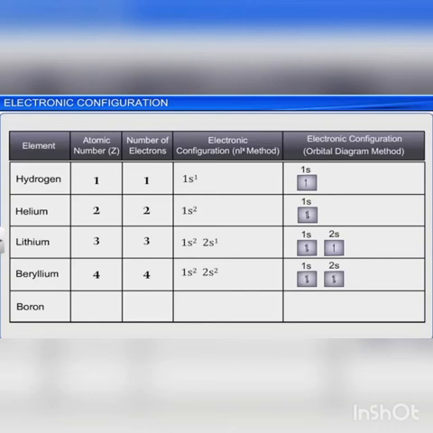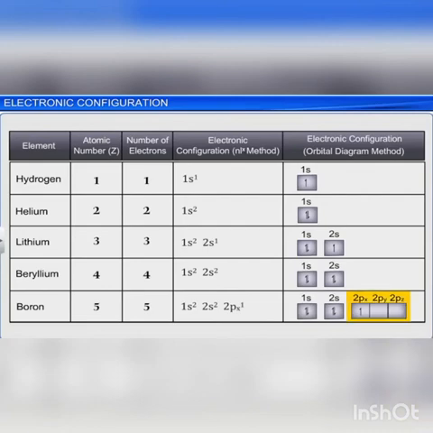Boron has 5 electrons. The first 2 electrons fill the 1s orbital. The next 2 fill the 2s orbital, and the fifth electron occupies the 2p orbital.